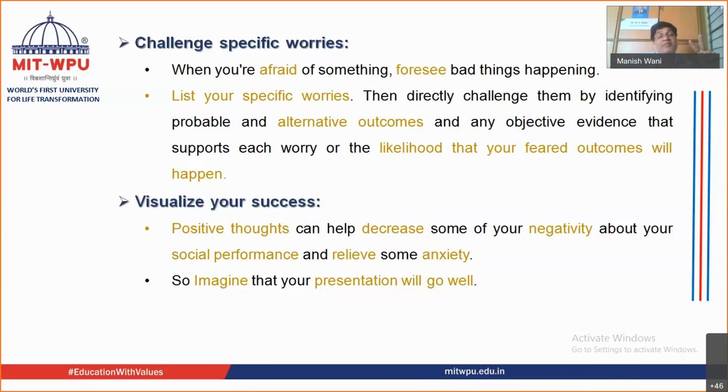The second aspect is, as you are afraid, something bad is going to happen. In both ways, you foresee something coming in front of you. There are specific worries that you have.